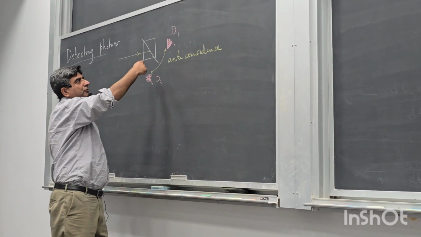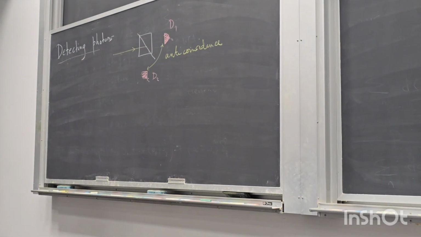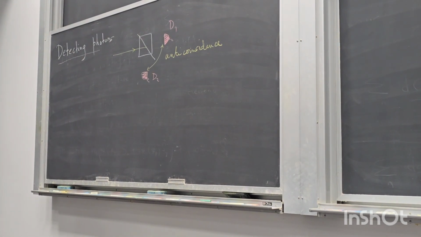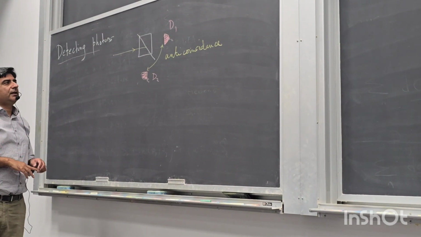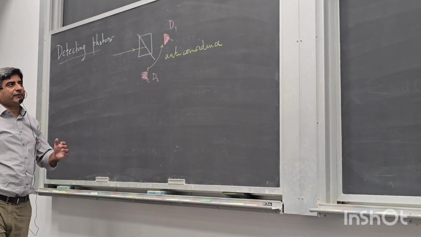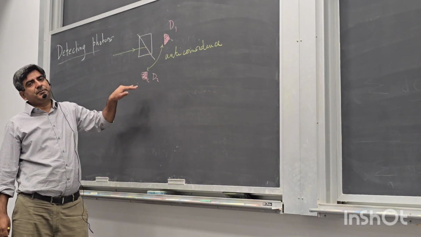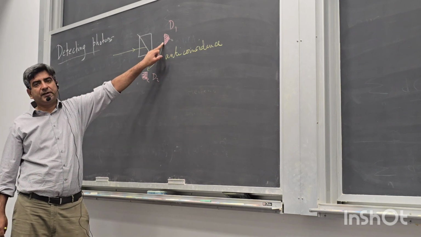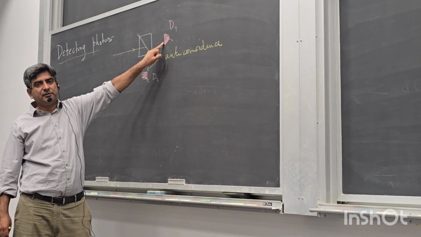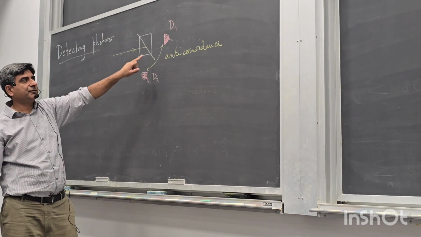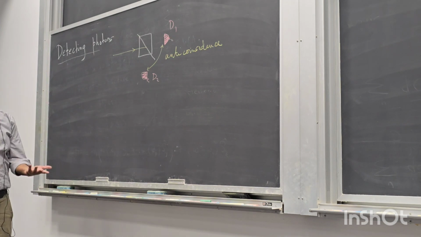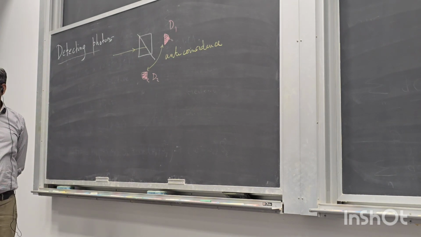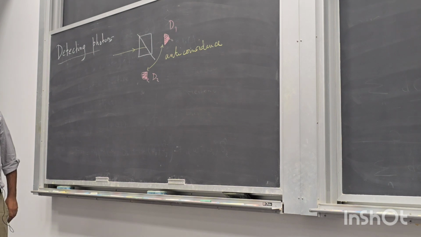And if you would look at the correlation between D1 and D2, it's perfectly 180 degrees out of phase. So if this lights up, this remains dark. If this lights up, this remains dark. So perfect anti-correlation or anti-coincidence between D1 and D2. And that is what it means when we say that a photon exists.